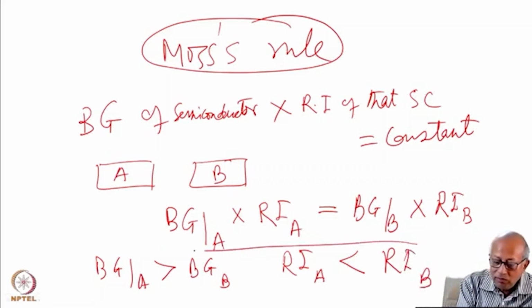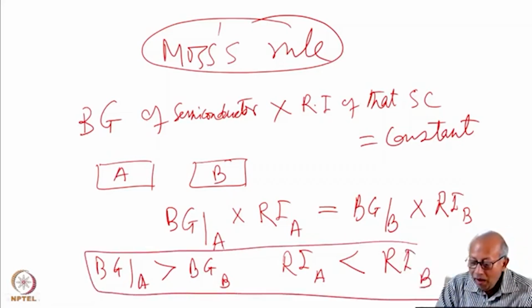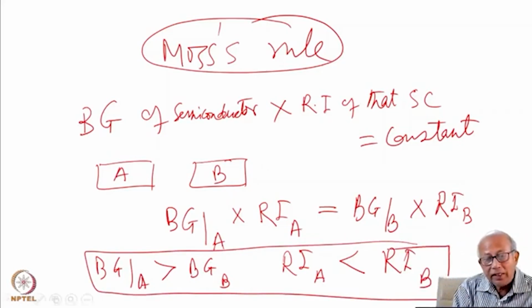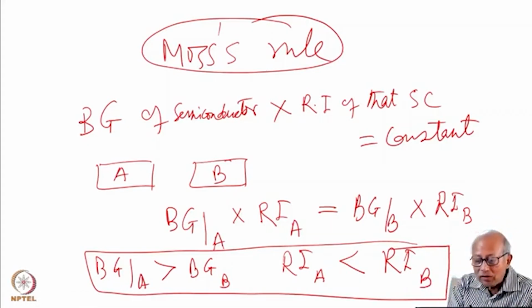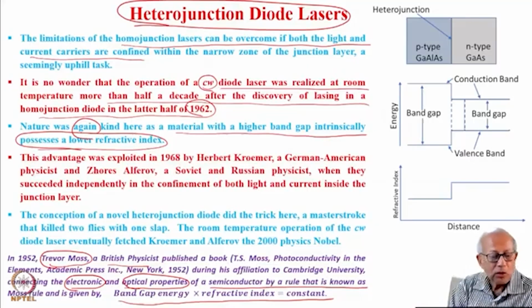This is very important, and this was the key of the operation of heterojunction semiconductor. Let us see how this has been exploited. And who was the first to exploit it?